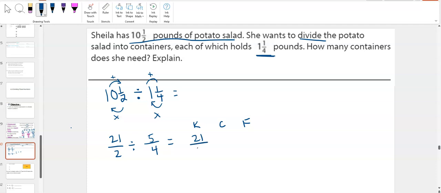Keep the first one, change the sign to times, flip the second one upside down. Okay, here we are going to multiply straight across. 21 times 4 is going to be 84. 5 times 2 is 10. And now I'm going to simplify.